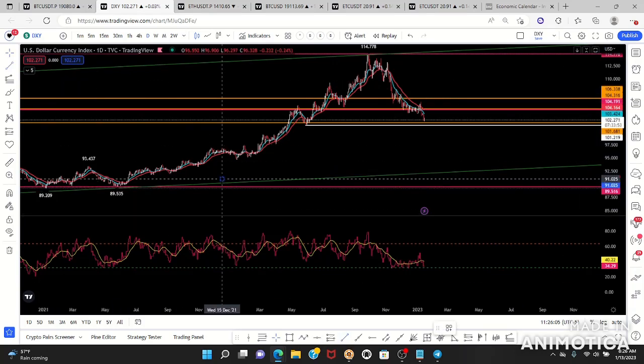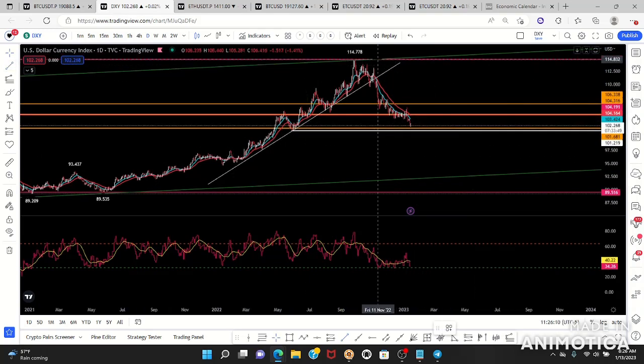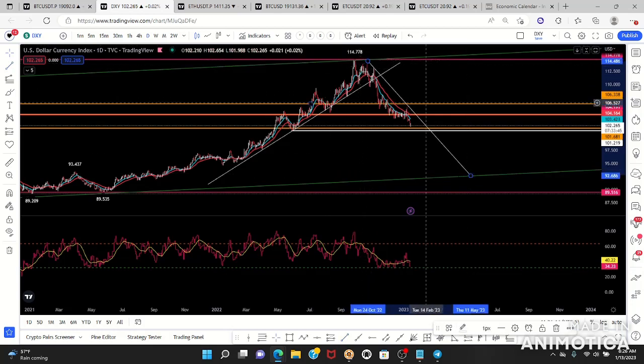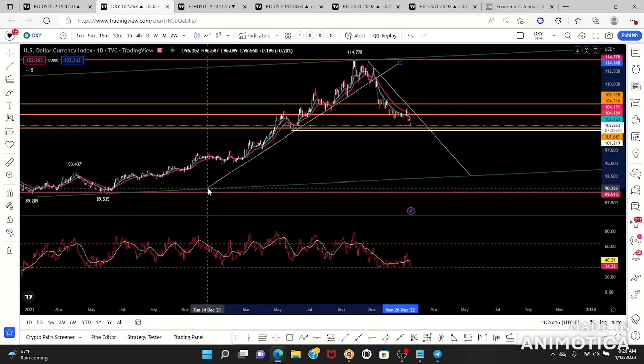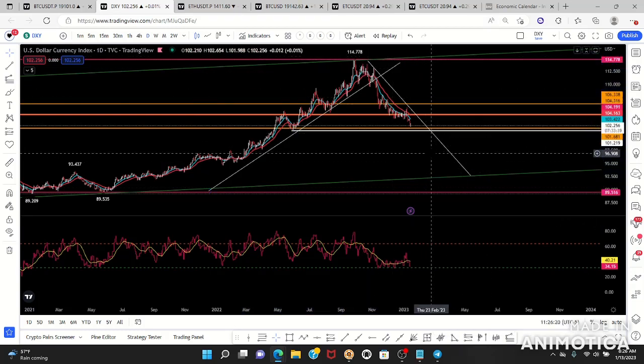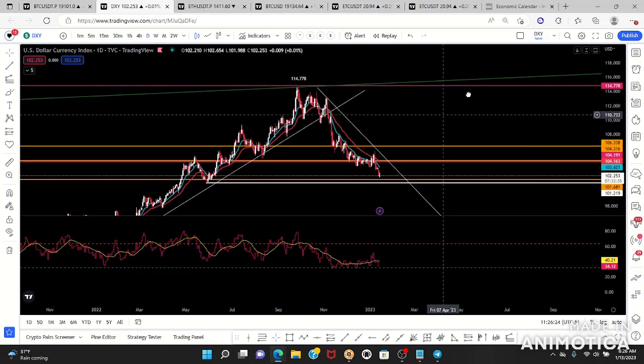And we saw this uptrend. We broke to the downside, and now we're in the downtrend. And you can even place those trend lines here, set an alarm on this trend line, and if it crosses over, it's most likely we have started our uptrend on the DXY.